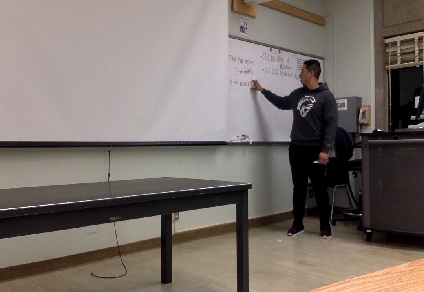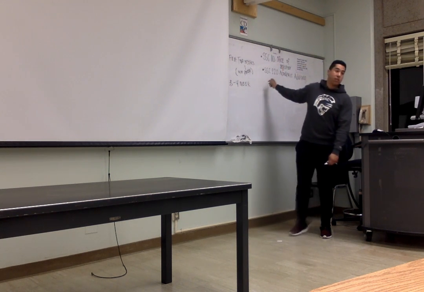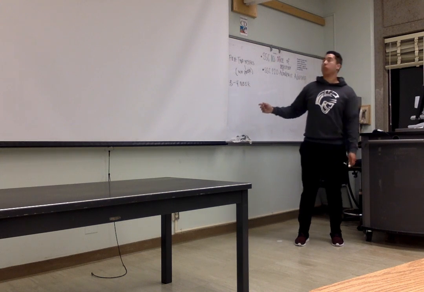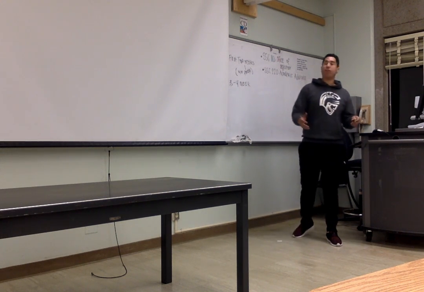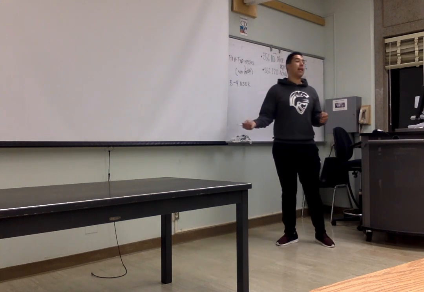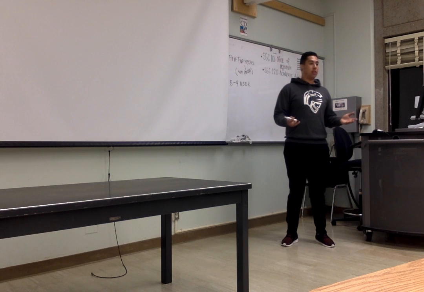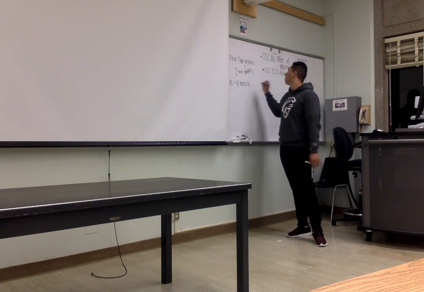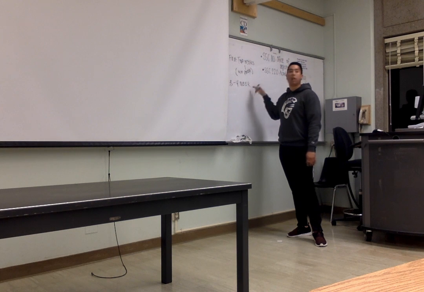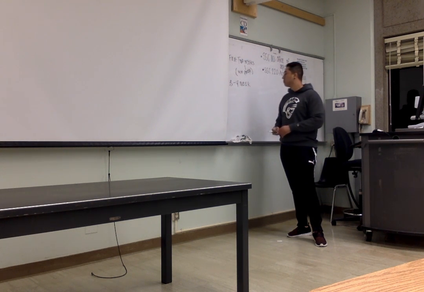You'll pick up the withdrawal form in SSC 110, Office of the Registrar. You will go to your professor, have them sign that form, and then take it back to the Office of the Registrar, and they withdraw you. That's when you will get a W on your transcript. It just means withdrawal. No penalties.